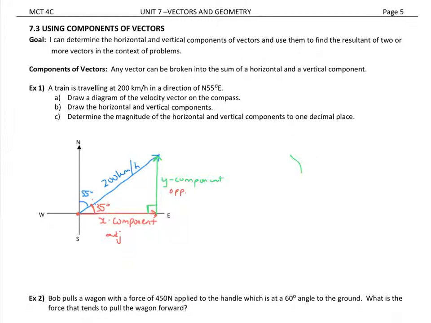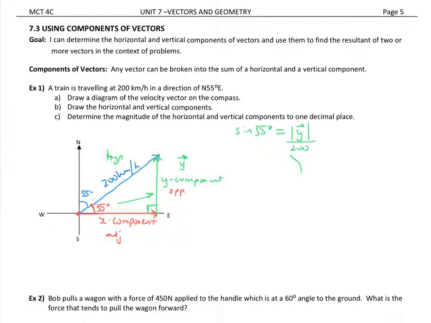All right, so if I want to find the y component, I would be looking at sine, because that is opposite, and this is hypotenuse. And so we could talk about the sine of 35 degrees would equal the opposite. Now, when we talk about that y component, we sometimes just use a vector y to represent that. So I'm going to use magnitude of vector y divided by the hypotenuse, which is 200.